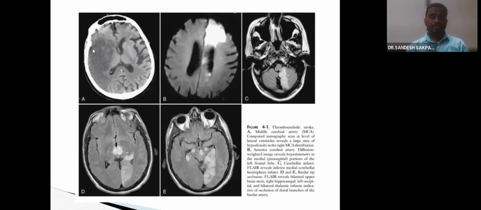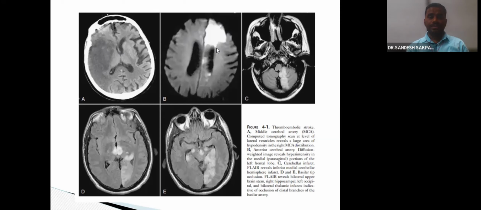It is a large distribution in the MCA territory, because it is compressing the gangliocapsular region and also the lateral ventricle. When I see the B section, the anterior part, the frontal lobe, is supplied by the anterior cerebral artery. So the lateral part is supplied by the MCA, and the anterior part is supplied by the anterior cerebral artery.